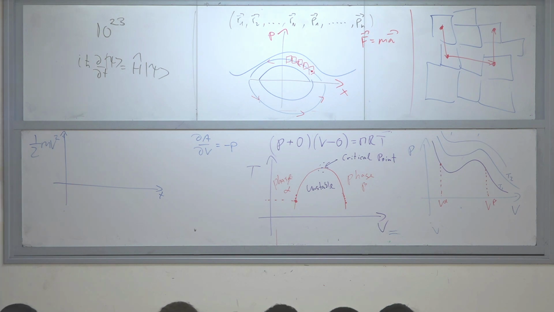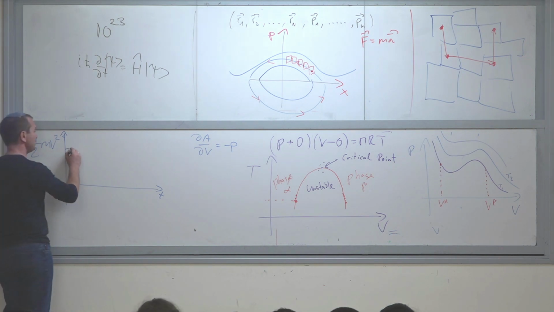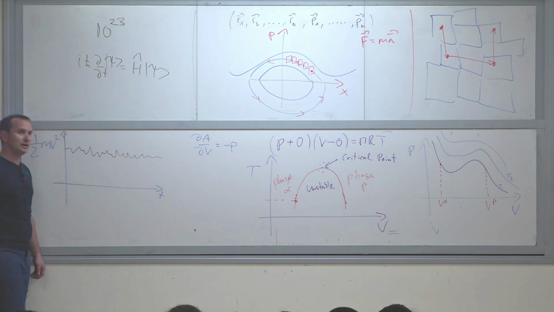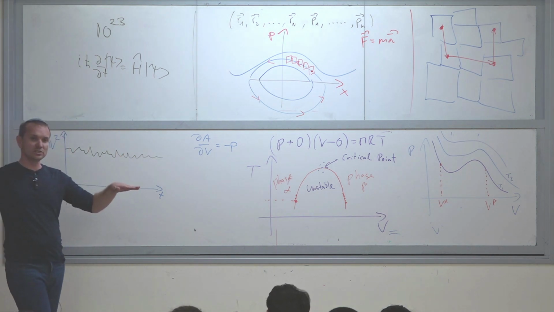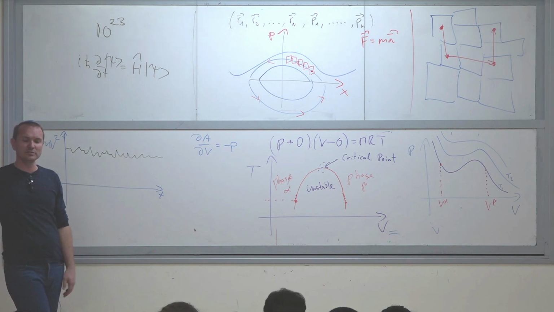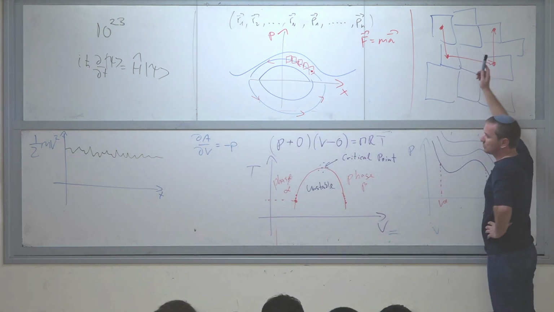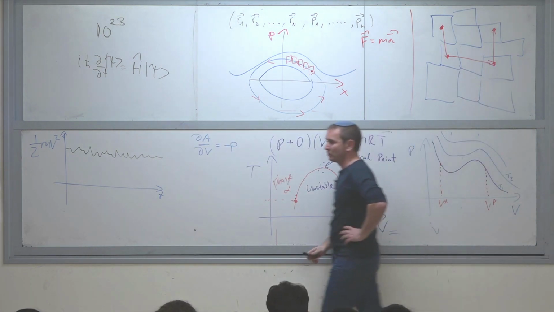How will it look? It's some noisy function, because I have temperature. It won't always be a constant energy. It depends on the dynamics of the system, how it jumps from one place to another, etc. And I follow it as it changes from one state to another, to the third, etc.